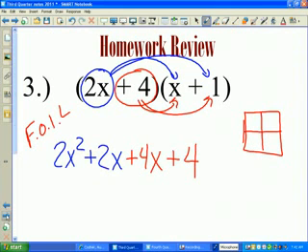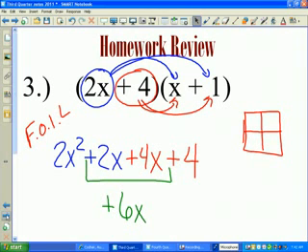If you notice, right here in the center of it all are my like terms, my 2x plus my 4x. I can combine those and I will get a positive 6x. Everything else that we wrote earlier is simply coming down. So I have my 2x squared right here, and I have my plus 4.